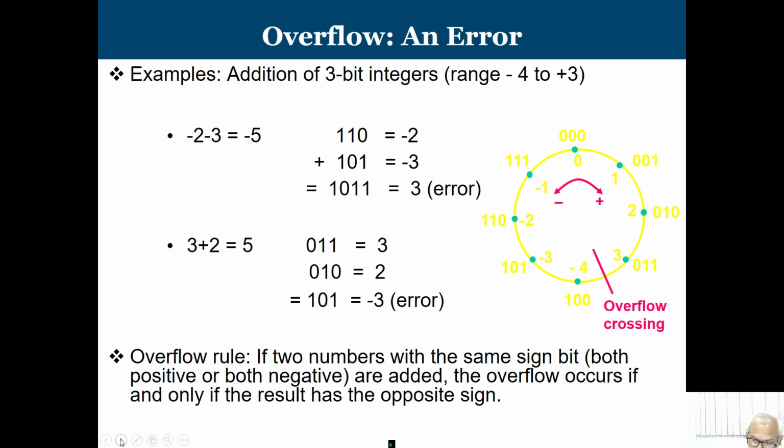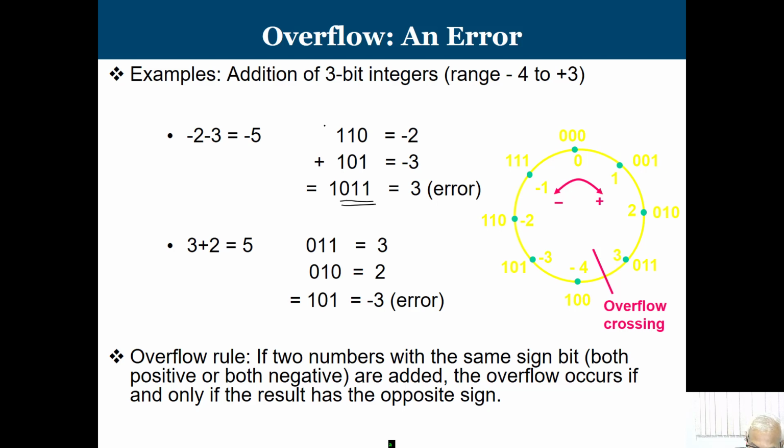Similarly, the same scenario we explain in both cases: minus 2 plus minus 3, what should I get? Minus 5. So, my result turns out to be 3 only, because there are 3 bits. So, again 0 plus 1, 1, 1 plus 0, 1 and 1, 10.